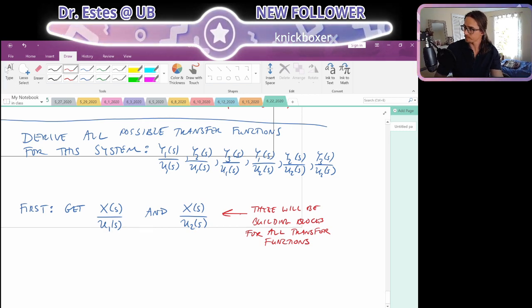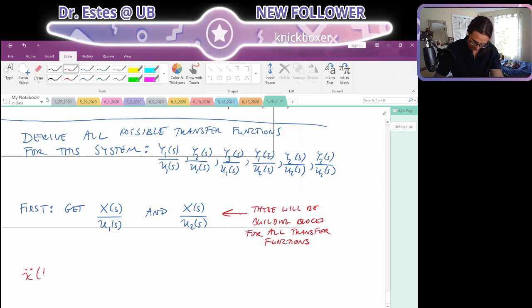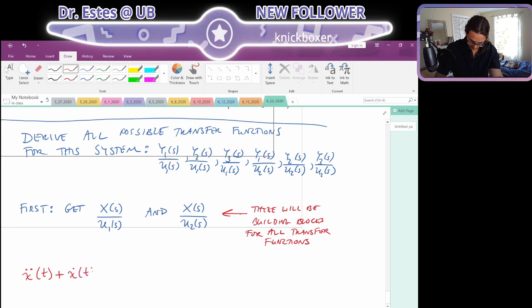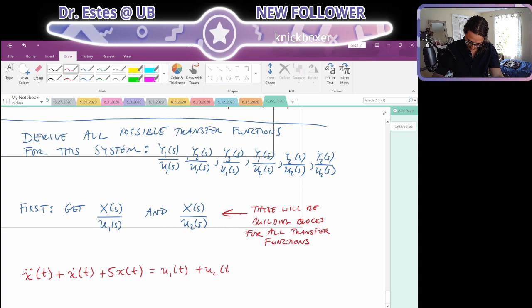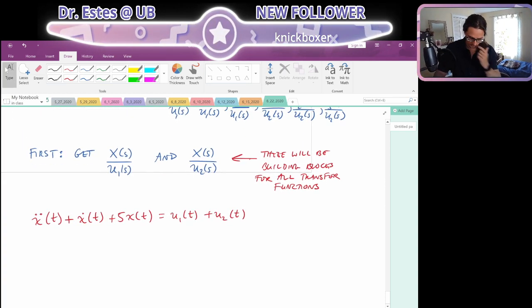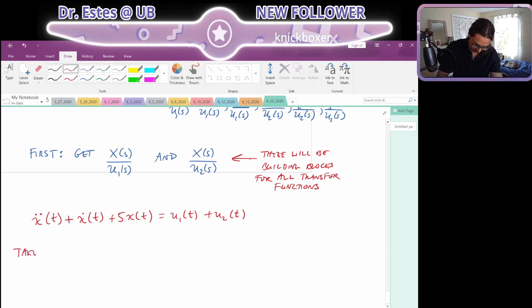So this is our differential equation. And then you take the Laplace transform.